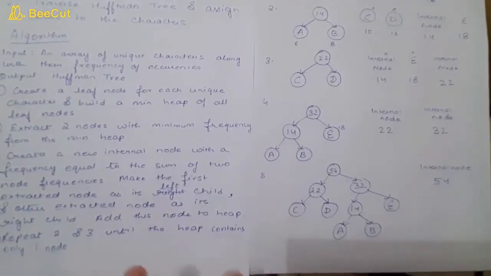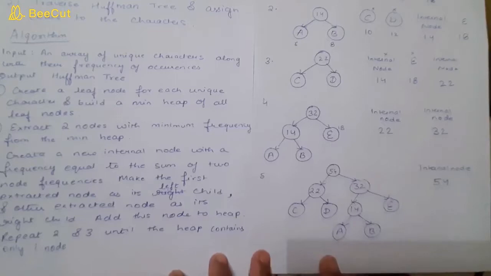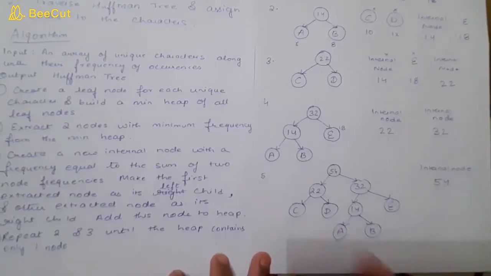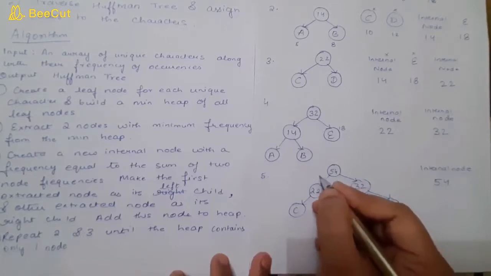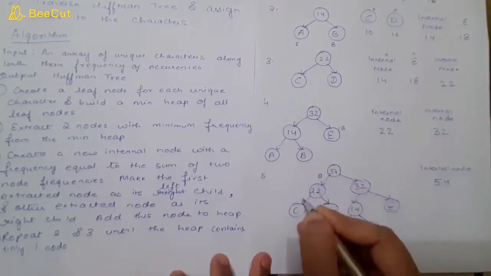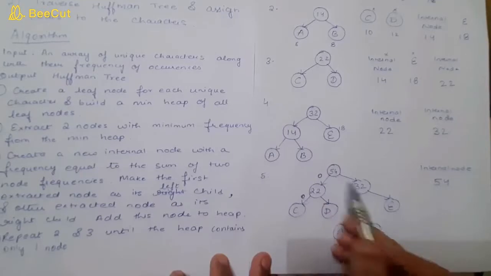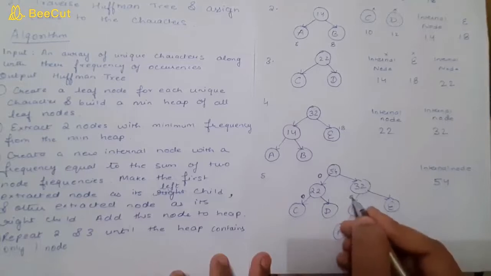Okay, now see, we have got this tree. This is known as the Huffman tree. Fine. Now what you have to do is, to all the edges which are going left, you have to give the value 0. So this is the left child, 32 is the right child, then 14 is the left of 32, so here also 0.